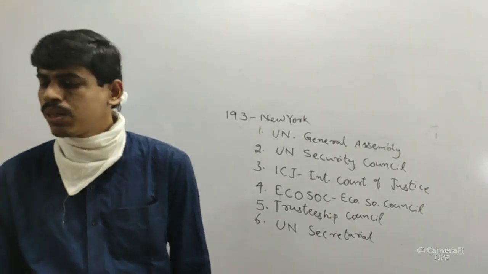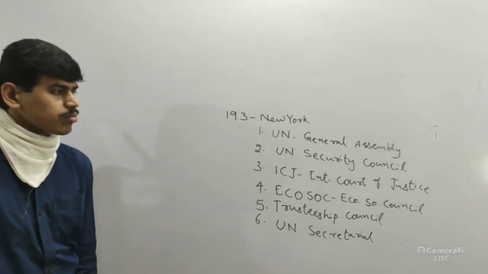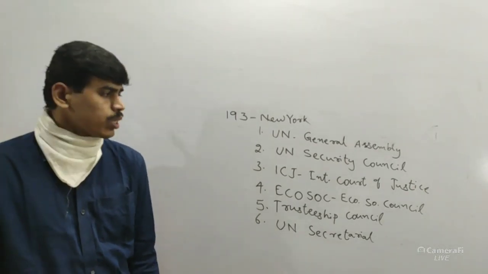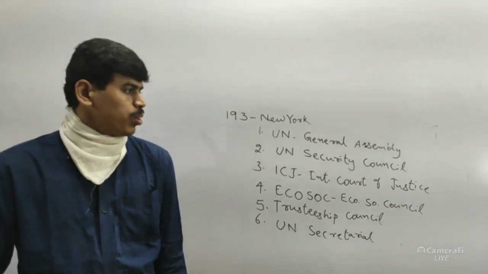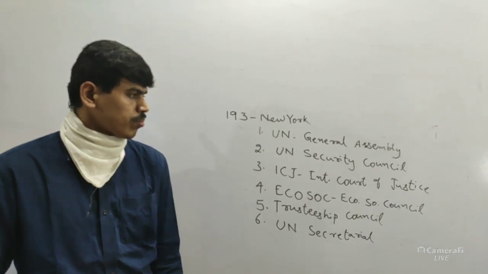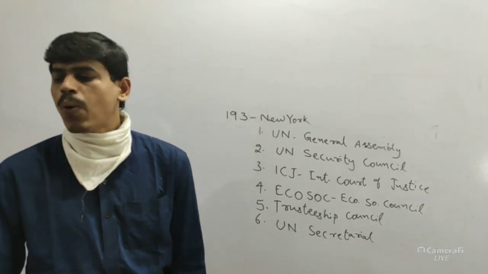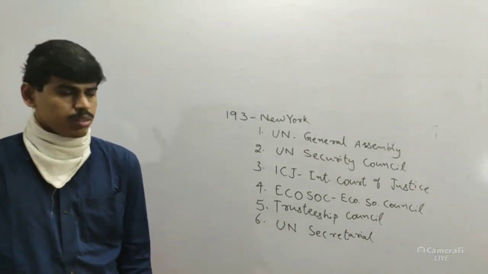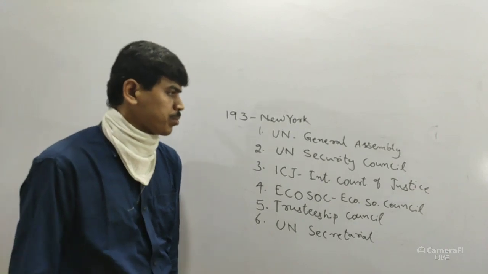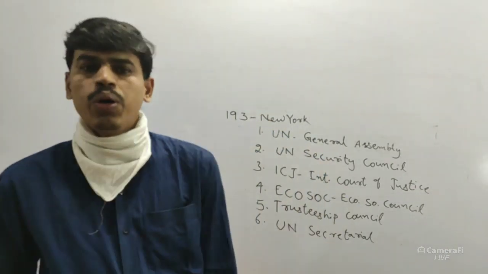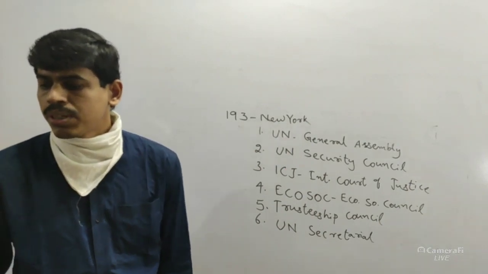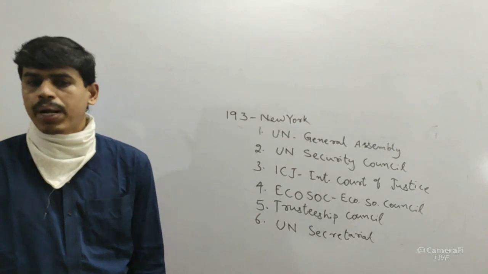What is the function of the General Assembly? Its main function is to make laws for the United Nations, and United Nations means the whole world. Just like a parliament of the world, so it is called a World Parliament. Which organ is called the World Parliament? The UN General Assembly.